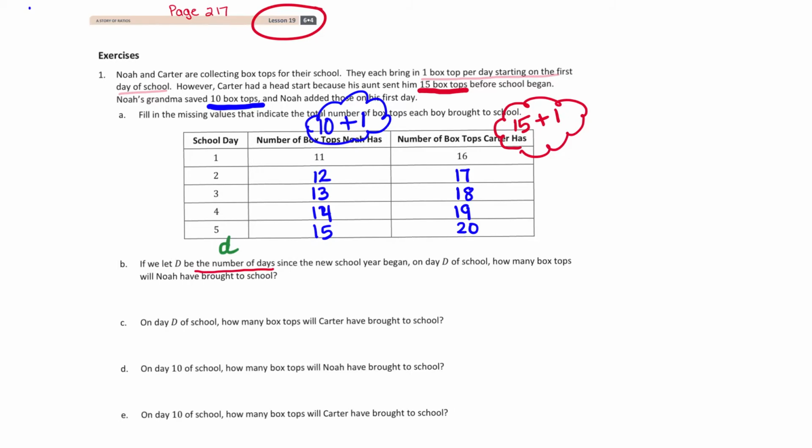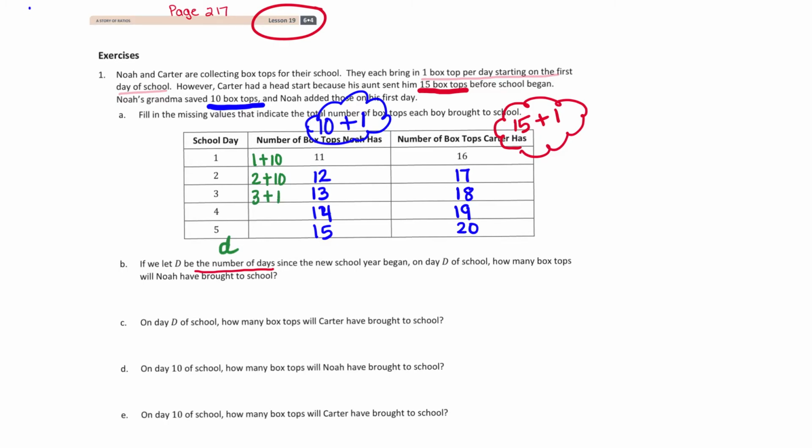Let's complete the table here on the side. We're going to do a little bit of work next to it so that you can see what exactly happened. So how did we get 11? We got day 1 plus 10, then day 2 plus 10, day 3 plus 10.